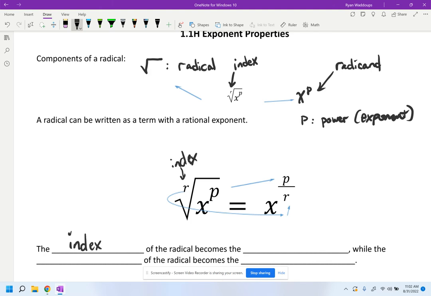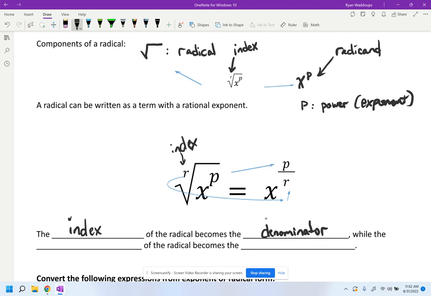The index of the radical becomes the denominator, while the power or exponent of the radicand becomes the numerator.